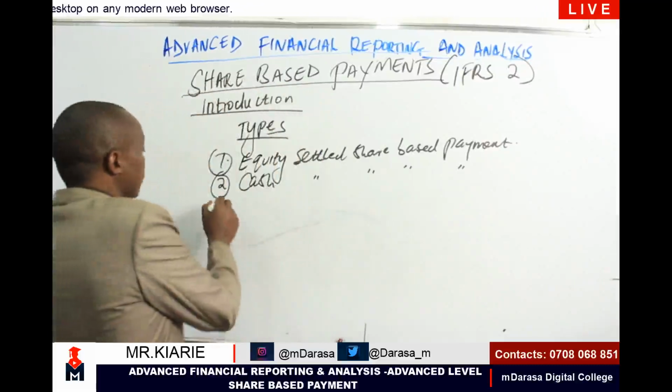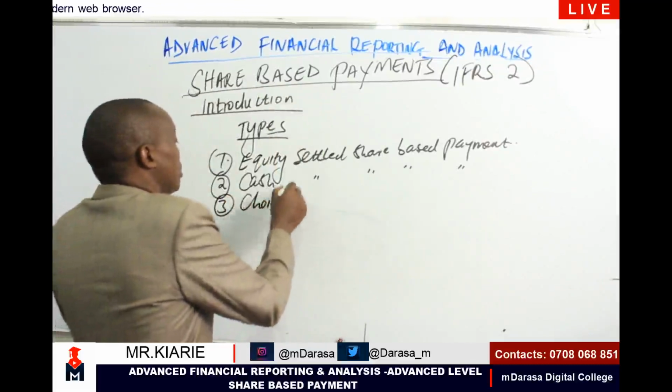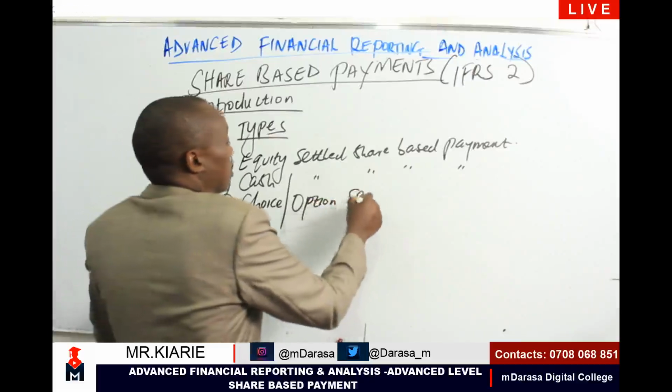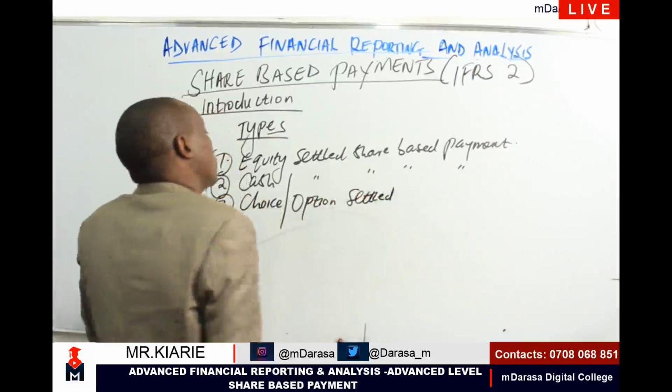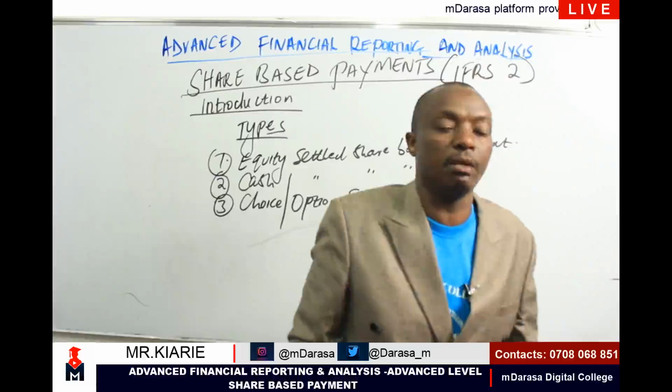Number three is known as choice/option settled share-based payments.